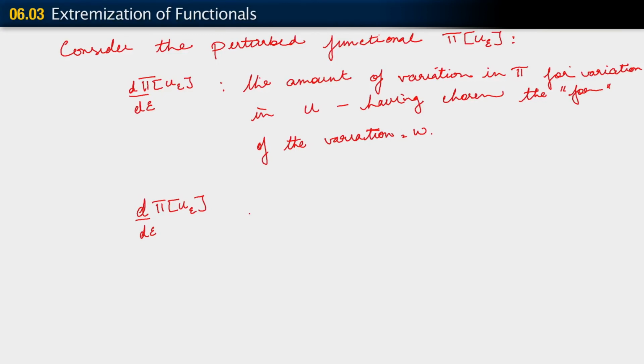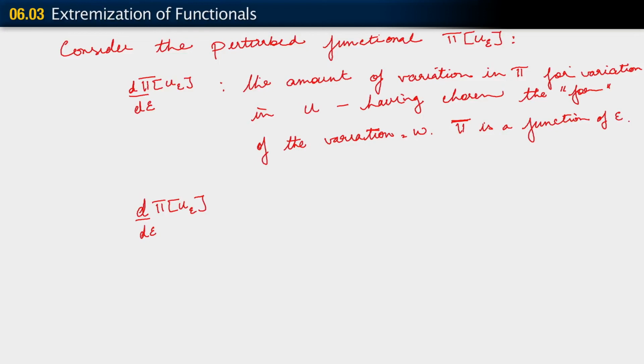Because one thing you will note is that with respect to epsilon, pi will be a simple function of epsilon. Well, it's a functional of u.